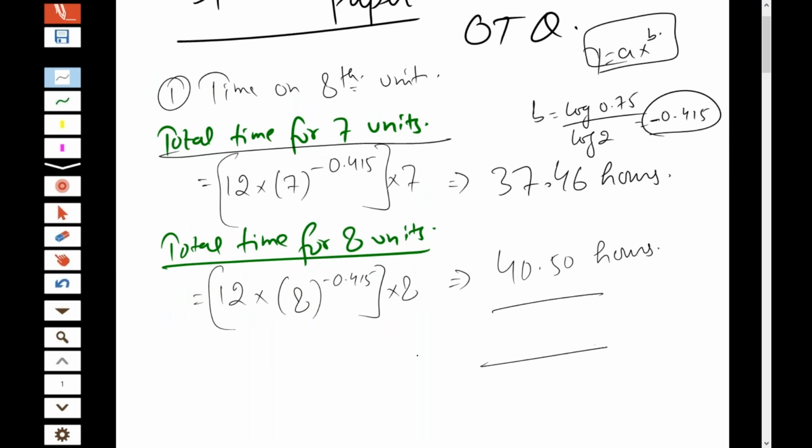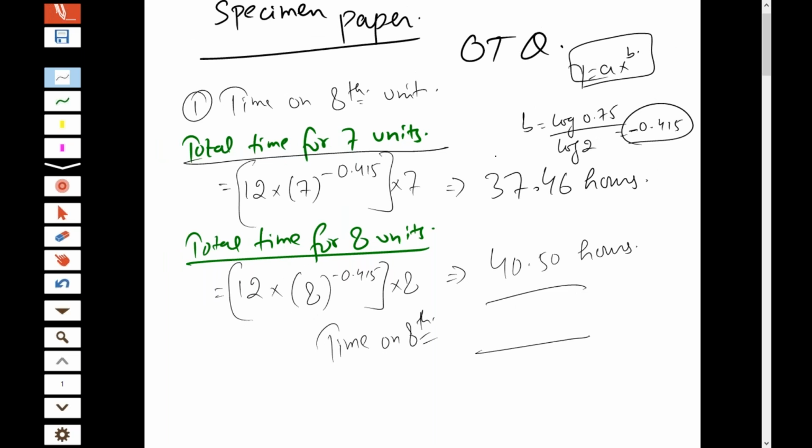So what is the time on the 8th unit? That is 40.50 minus 37.46. It is 3.04 hours.